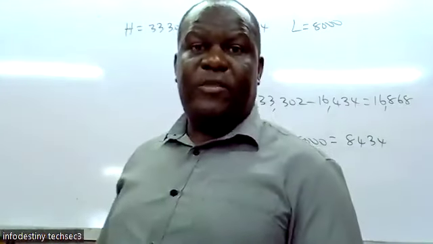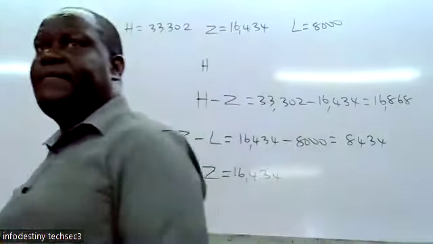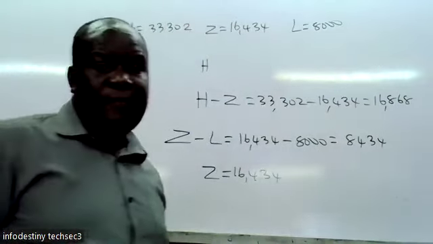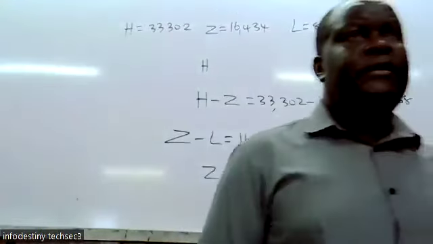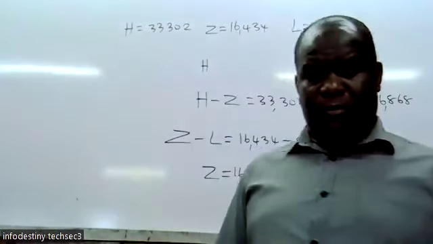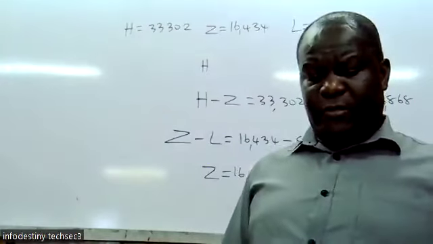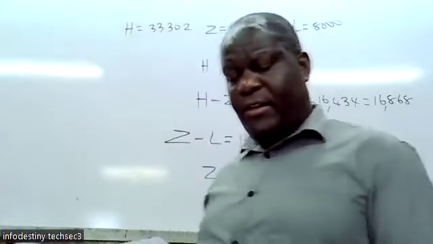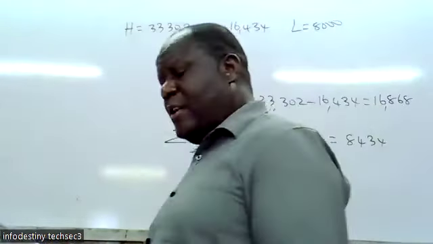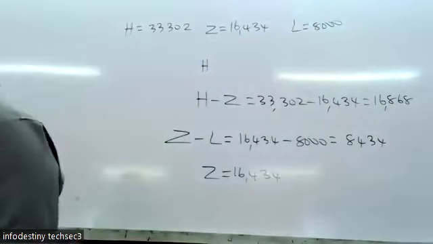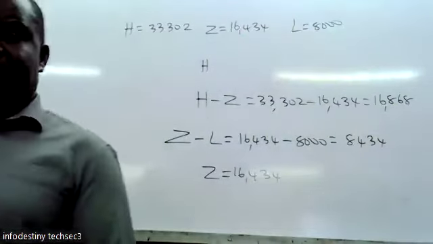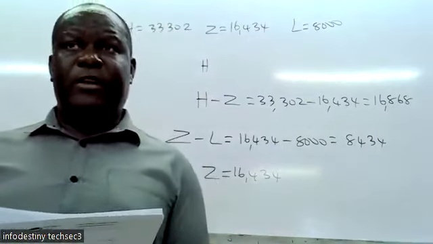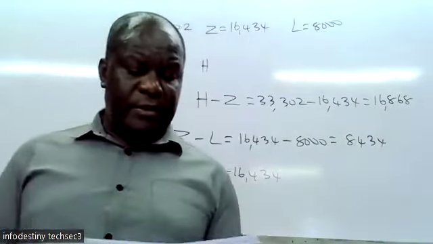Question number 5, part C, you check on page 79. The question reads that Wanga Limited maintains a minimum cash balance of shillings 1,500,000.